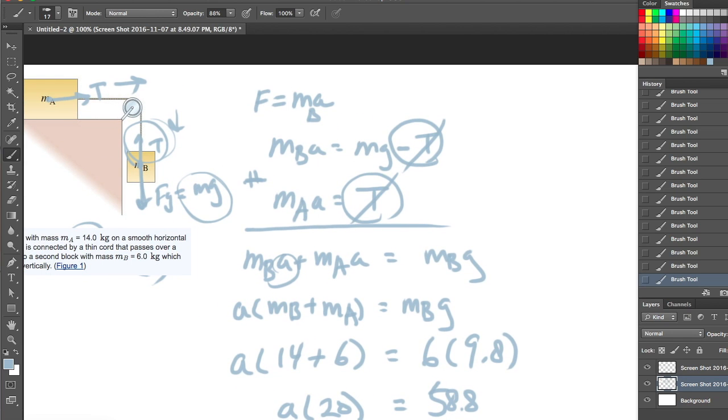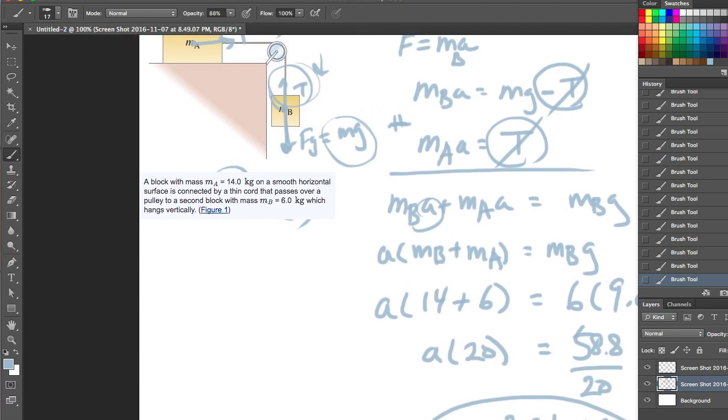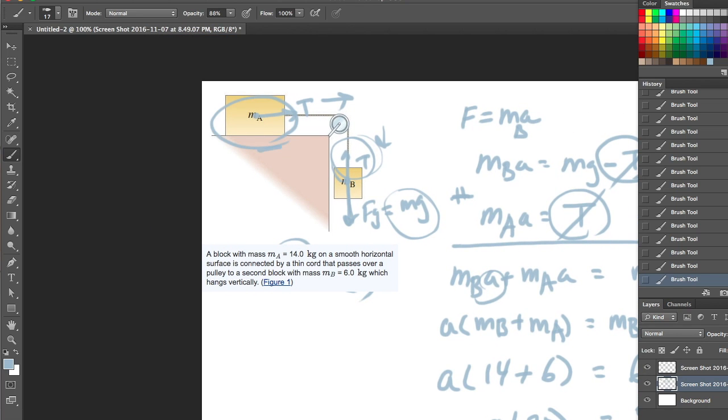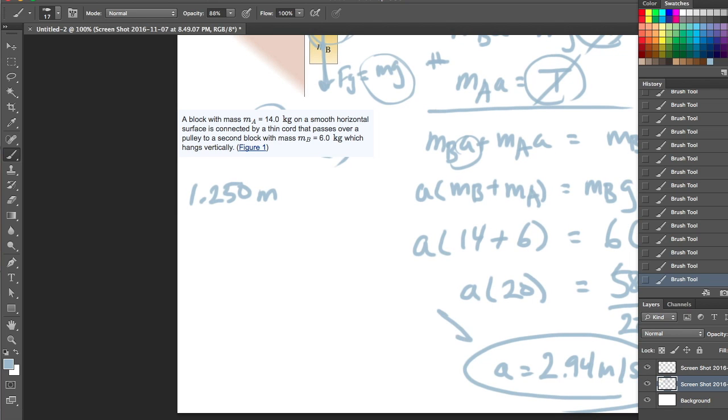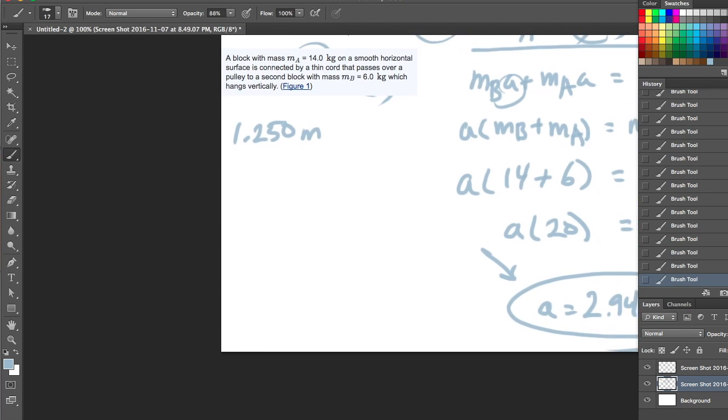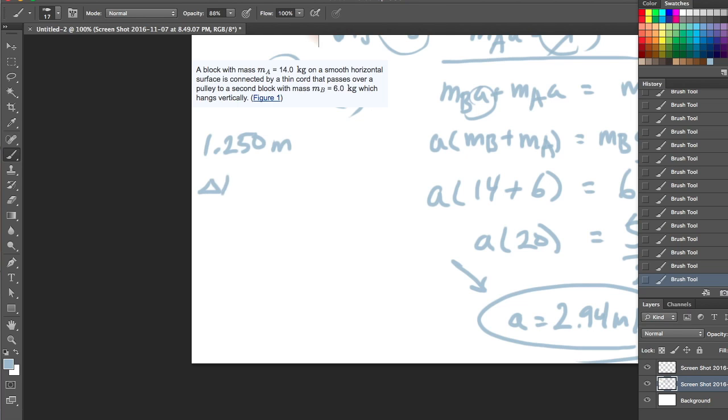Now, there's another question that asks us to find the time it takes MA to travel a certain distance. Let's say MA has to travel 1.25 meters, and it's asking you to find the time it takes to travel this distance. Since we just found A, we can use one of our kinematics equations, the delta x equation: v initial t plus one half a t squared.